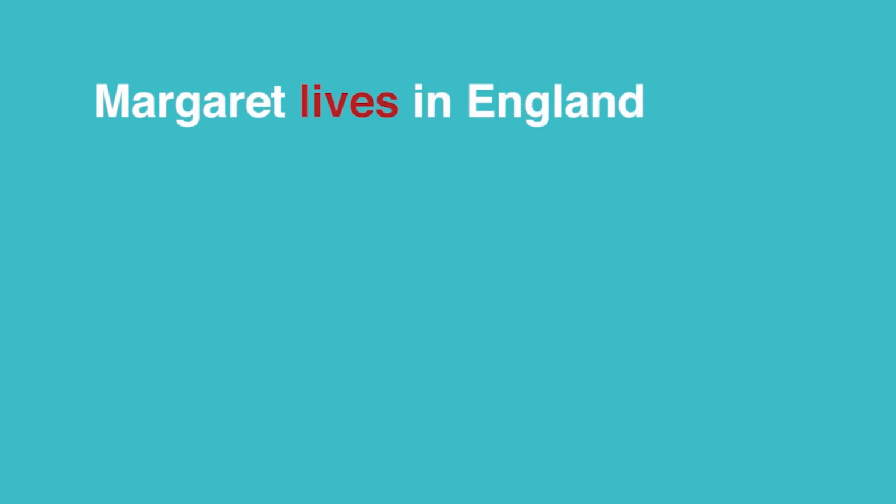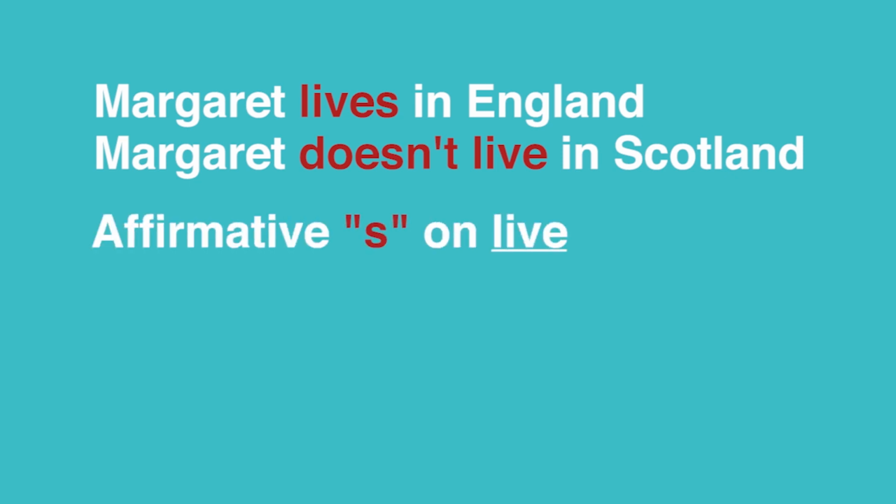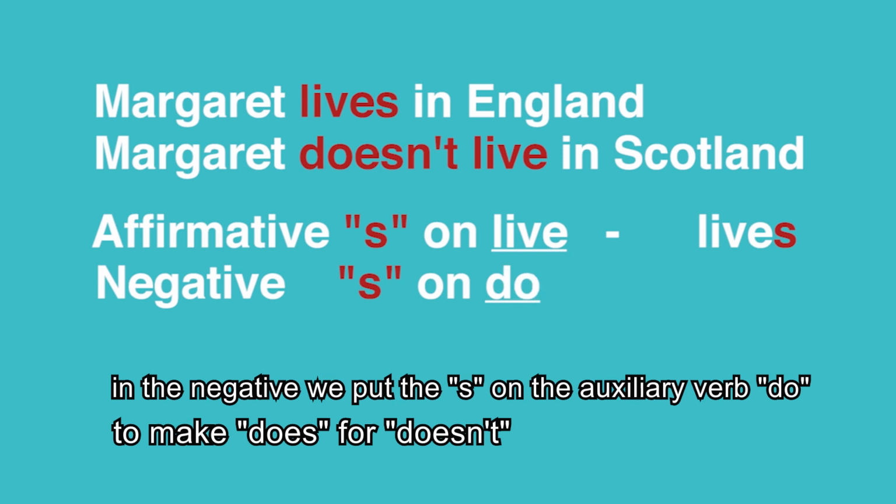Watch what happens. Margaret lives in England. Margaret doesn't live in Scotland. In the affirmative, the S is on live, lives. In the negative, we put the S on the auxiliary verb do to make does for doesn't.